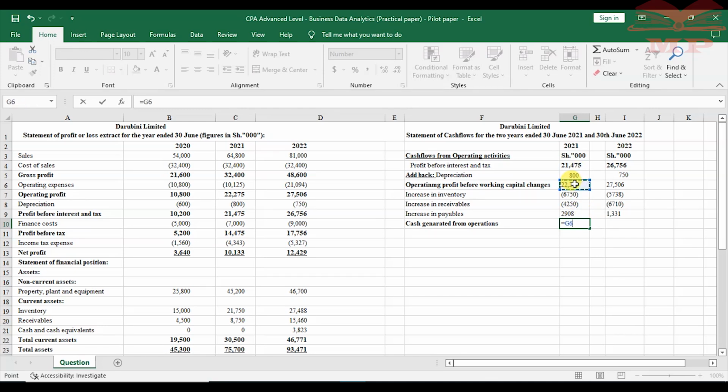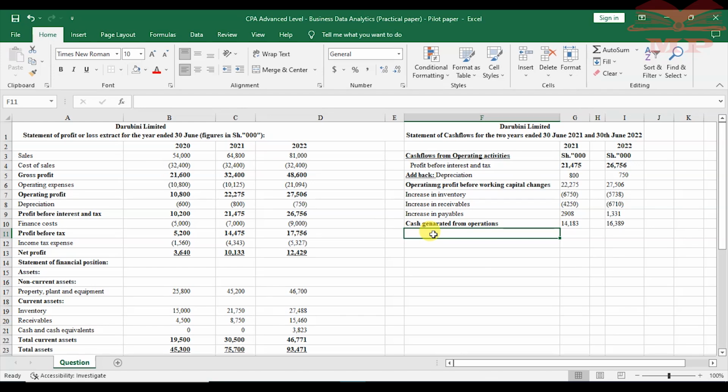It's operating profit before working capital changes, plus increase in inventory, plus increase in receivables, plus increase in payables. You'll get your cash generated from operations. The same, equal sign this plus here plus here plus increase in payables. Of course, you get the cash generated from operations.